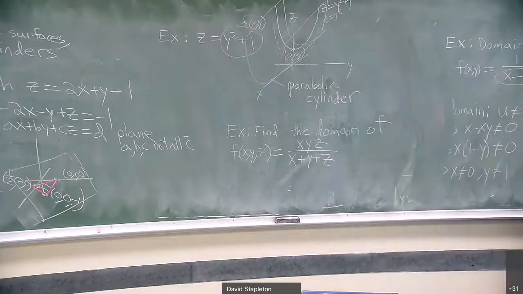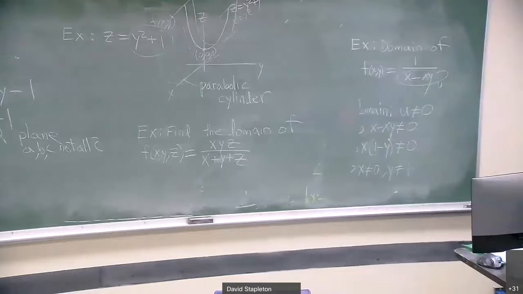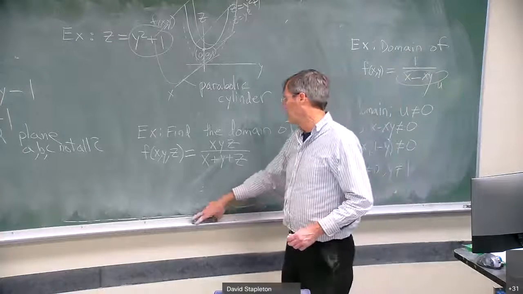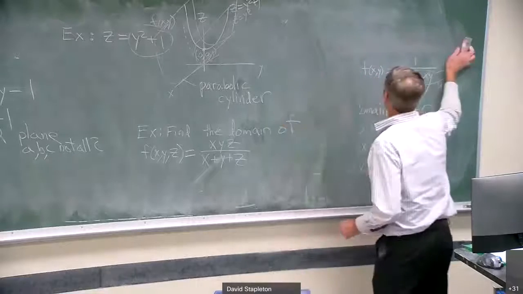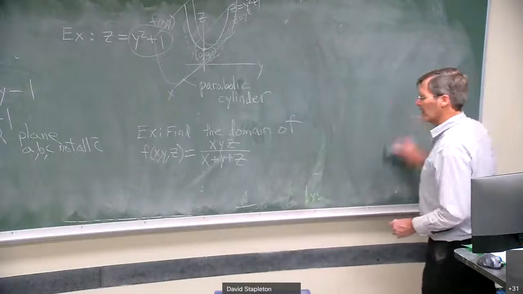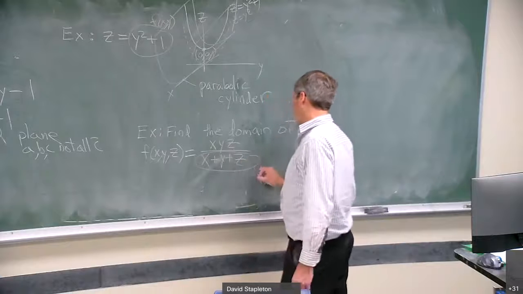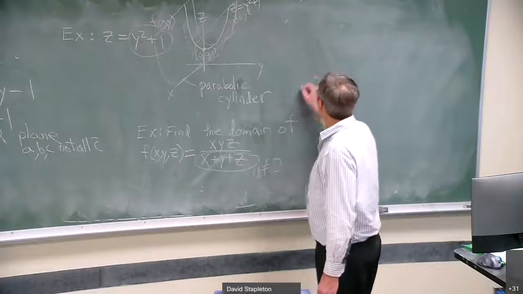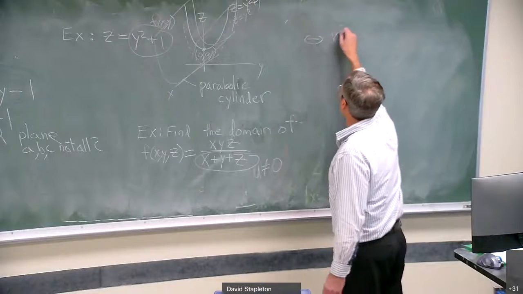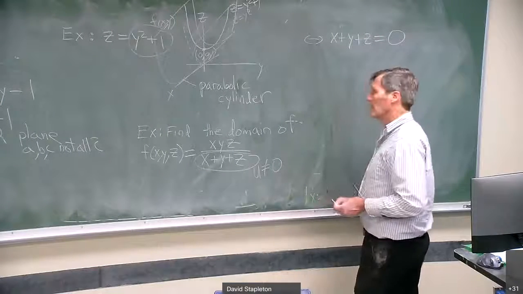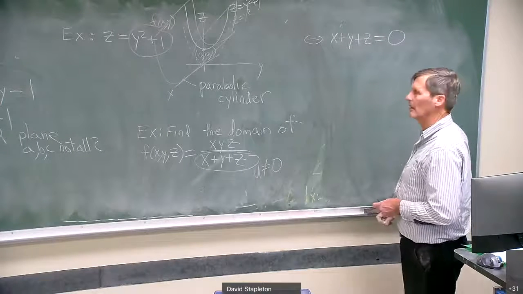Since it's a function of 3 variables, I have to draw in 3-dimensional space. And since it's an algebraic expression, I only have to worry about even roots and divisions by 0. All I need is the set of all denominators not equal to 0, right? So this is equivalently x plus y plus z not equal to 0. But what's that?